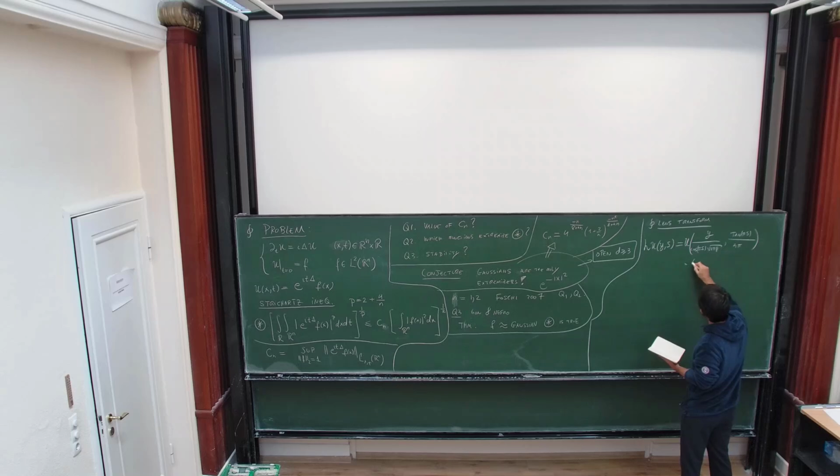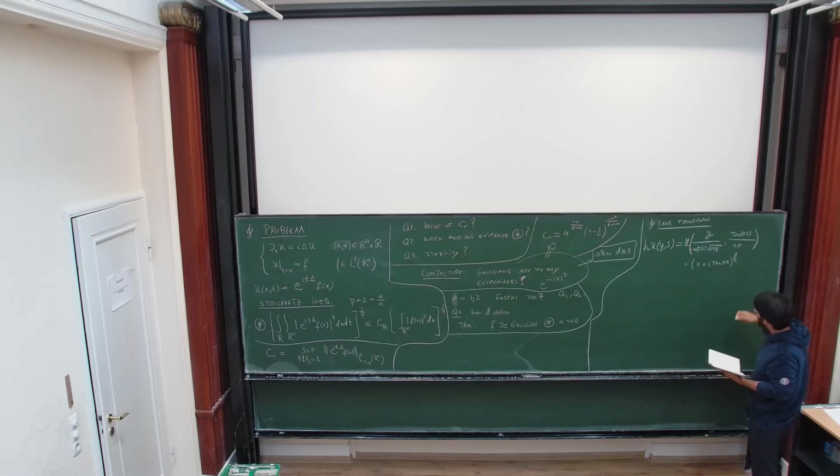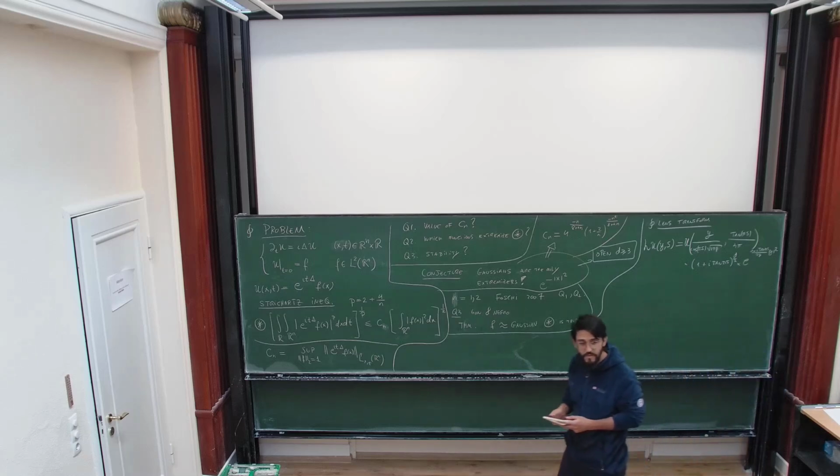Times a factor which is important, and then times another factor here which is not so important, but I will write it anyway. Okay, so you do that weird transformation.